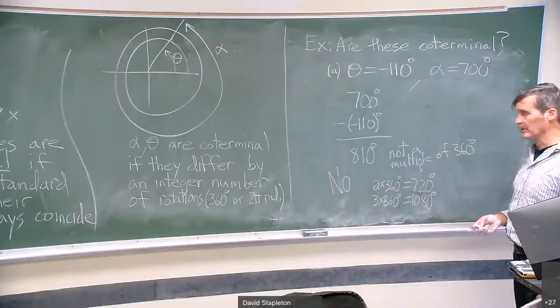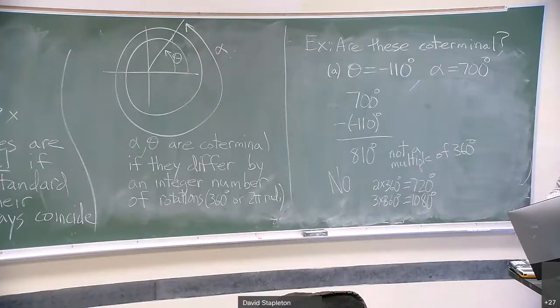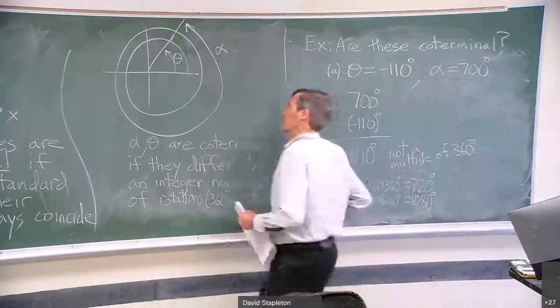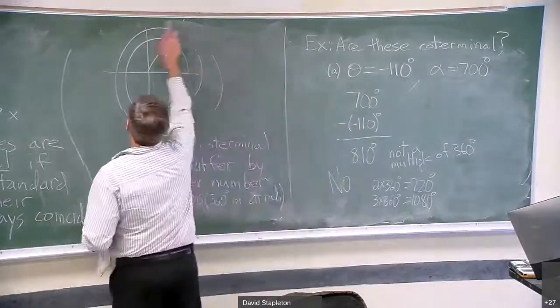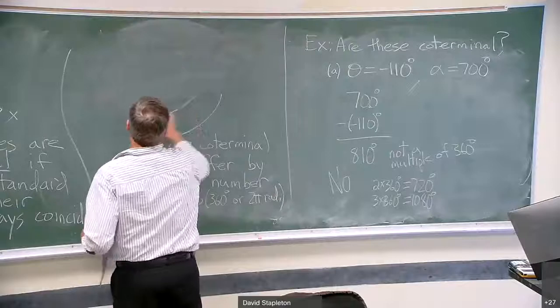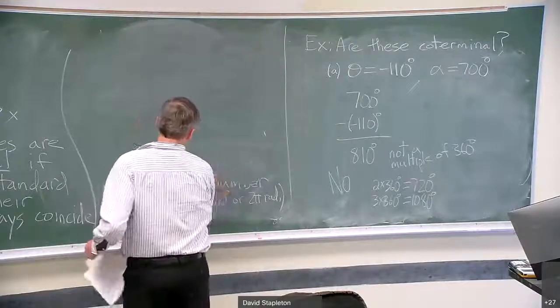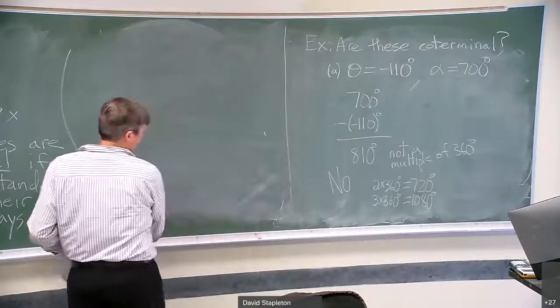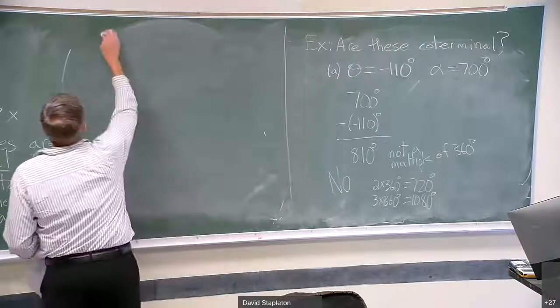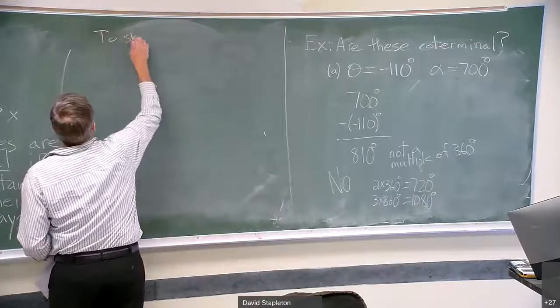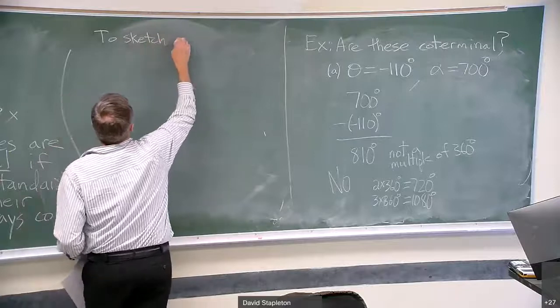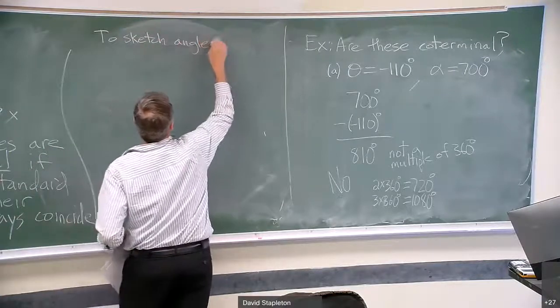Now, what's more is we can sketch these. And I want you to learn how to sketch these. That's actually a very important thing coming up when we do trigonometric calculations, is to be able to sketch angles in standard position. So let's see what the picture actually looks like so we can see they're not coterminal. Right? To sketch angles in standard position, any angle.